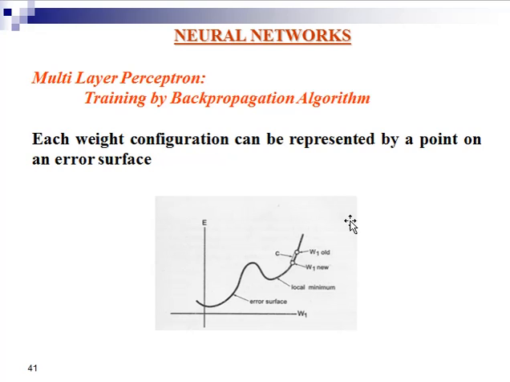We can see that the new weight vector is going down on this error surface, and this weight vector is much better as compared to the previous old vector, right? We basically want to go down on the error surface so that we can minimize the error after each iteration of the weight vector.